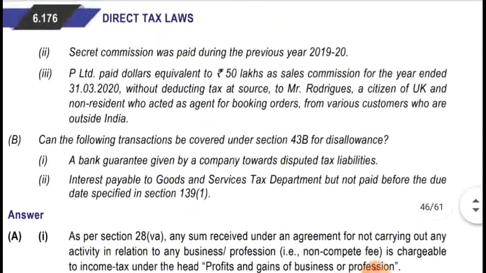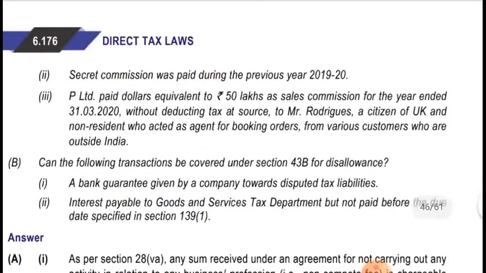Now moving to Roman 2 of part A. Secret commission was paid during the previous year 2019-20. The commission which is secret might not be allowed, because if you consider it as an illegal commission, that is, a commission which is not allowed as per law, then it will not be allowed while computing the income under the head profits and gains of business or profession.